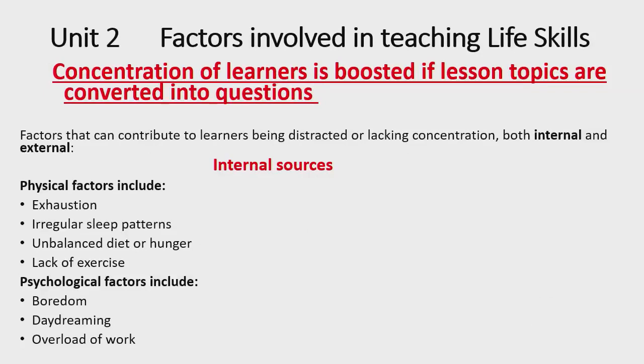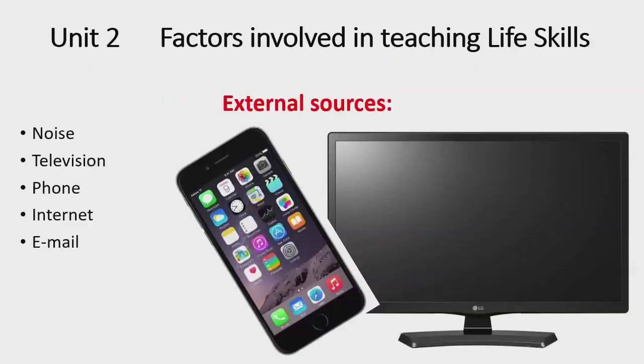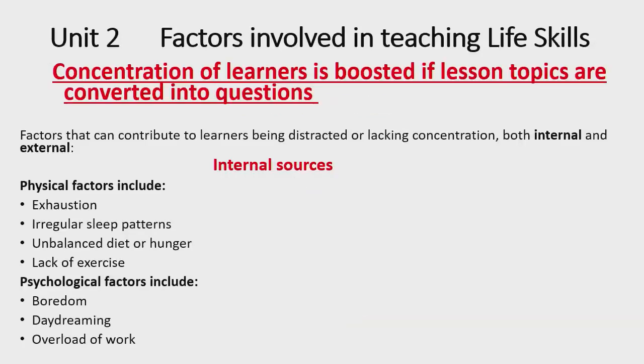All right, concentration of learners is boosted if lesson topics are converted into questions. So this is just a little bit of guidance also when it comes to motivations and lack of concentration. So those things that can contribute to learners being distracted is the internal sources and the external sources. So internal sources could be the physical factors and the psychological factors.